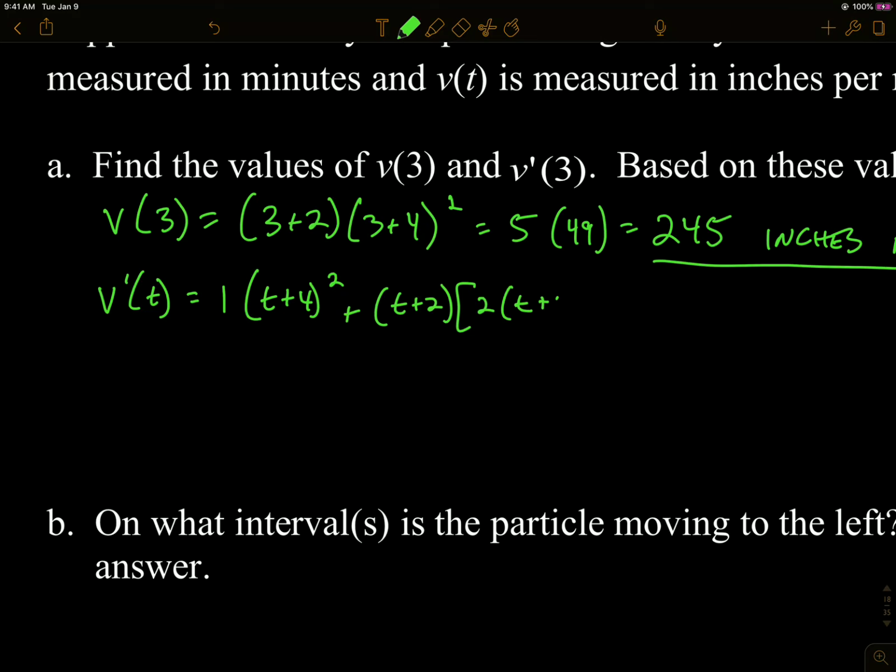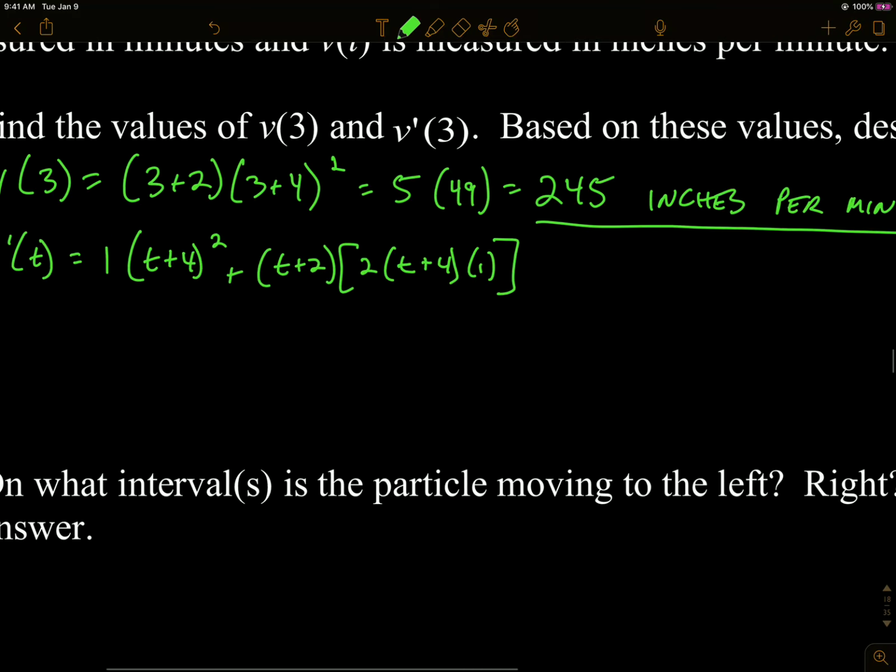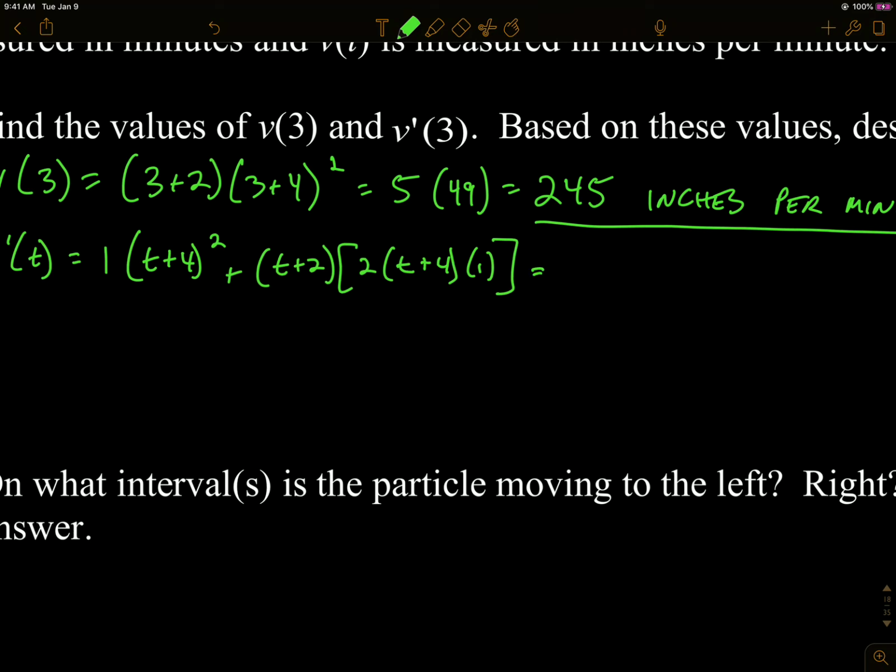So we have to do chain rule on this. That's going to be equal to t plus 4 squared plus 2 times t plus 2 times t plus 4.